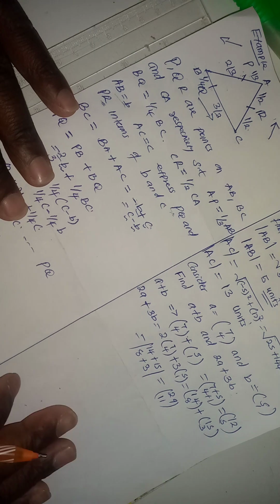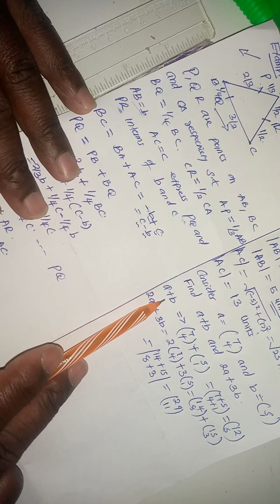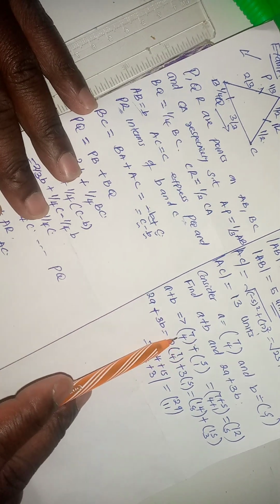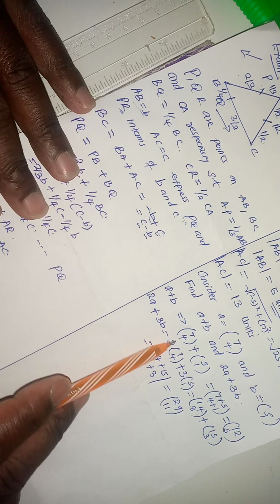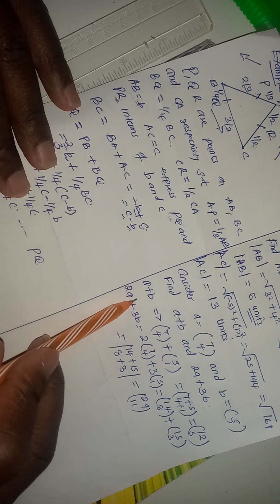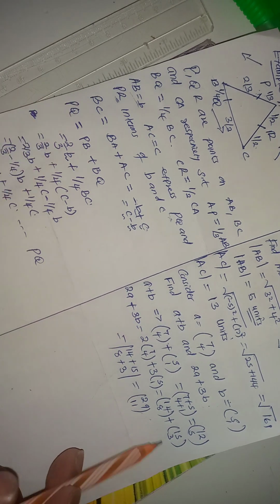Now we have found our a plus b and our 2a plus 3b. In our case, we have gotten this, and we are correct.